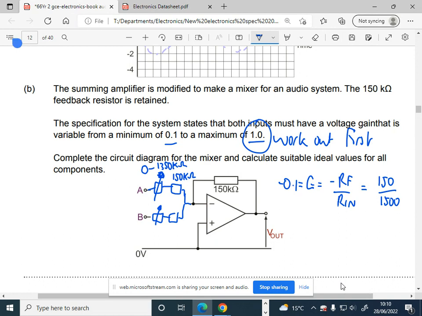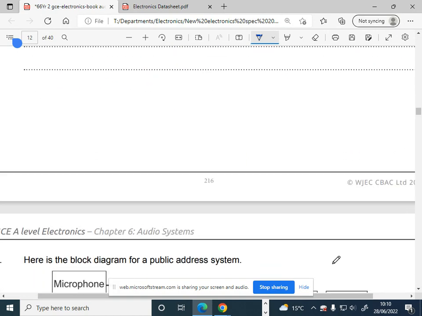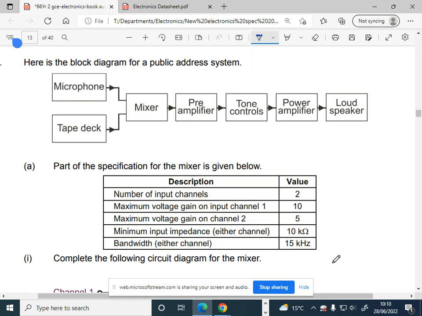Why it has to vary from 0 ohms up to 1350 kiloohms? Because if you add the two in series, that will give me 1500. So work out the highest value first, and then obviously the variable resistor will only reduce it, so you can work out the lower value. Dead easy.